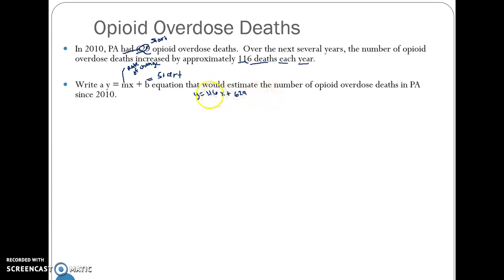In this model, I'm taking my rate of change, 116 per year, and that x would represent the years since 2010, the starting amount. And then my y, this would calculate the overdose deaths.